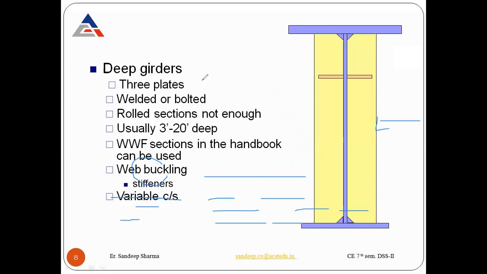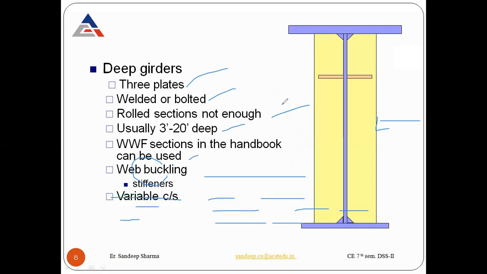Then we have this kind of deep girders, where we can use three plates with a welded or bolted connection where rolled sections are not enough, usually three feet to twenty feet deep girders, and the WWF sections in the handbook can be used.